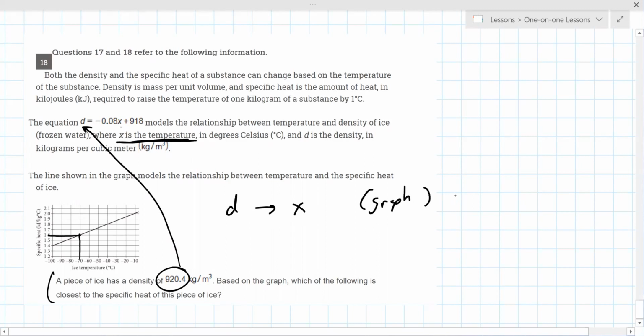So just plug in the 920 for D, and you have to solve for x. 8.08 x plus 18. So then you subtract the 19.